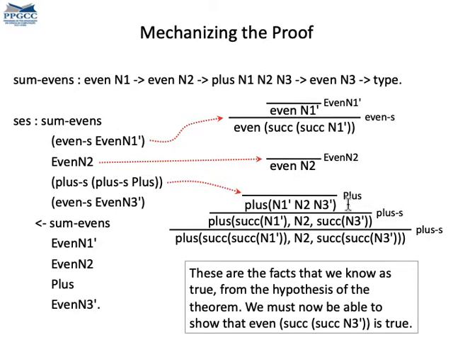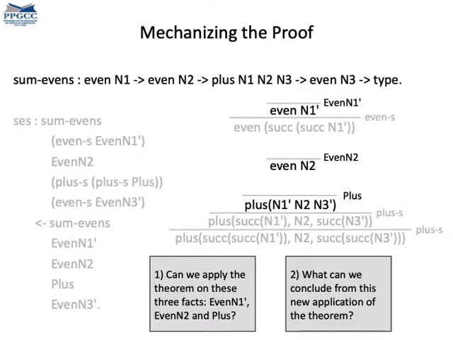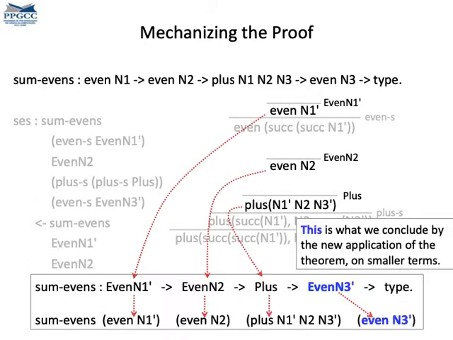The third rule is the premise, which I've called plus. So, because we have all these rules, we have more facts that are true. Everything in the premises we can assume to be true. In particular, we have three facts that are true. They are called even any1 prime, even any2, and plus.